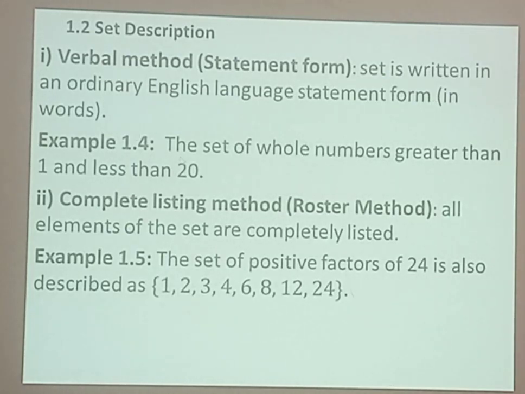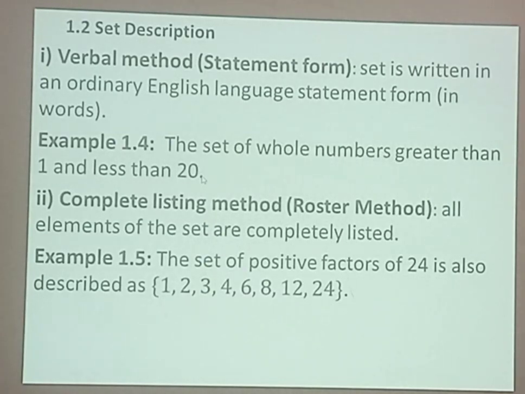For example, the set of whole numbers greater than 1 and less than 20. That means we list the whole numbers which are greater than 1 and less than 20, meaning whole numbers 2 up to what?